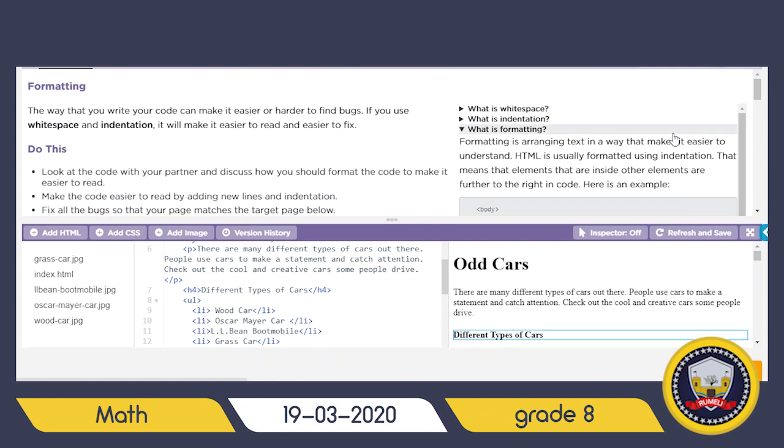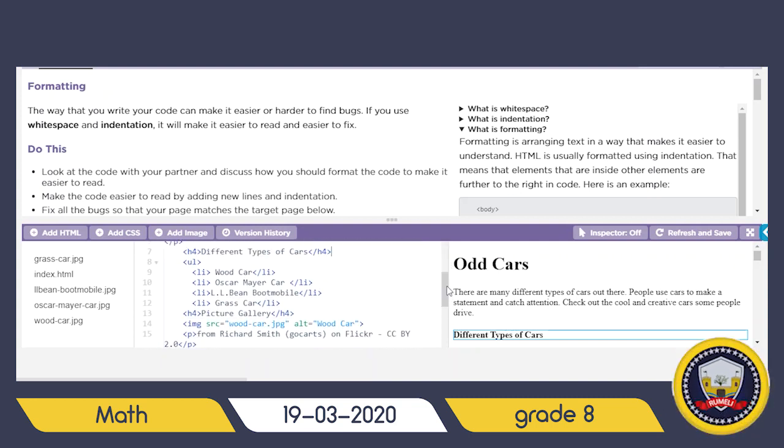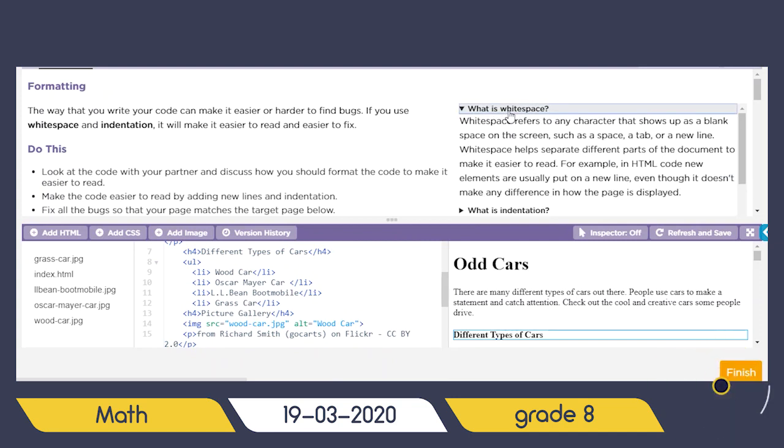And you remember that I told you that formatting is arranging text in a way that makes it easier to understand. So when you look at this text, it's very, very easy to understand. Okay, and the two ways by which our web page can be formatted is by using white space and what? Indentation. And white space means what? Any character that shows up as a blank space on the screen.